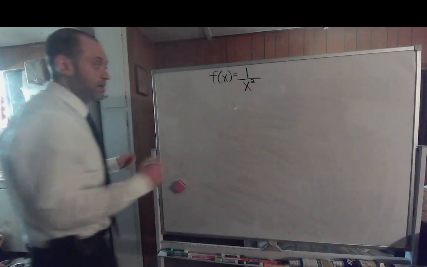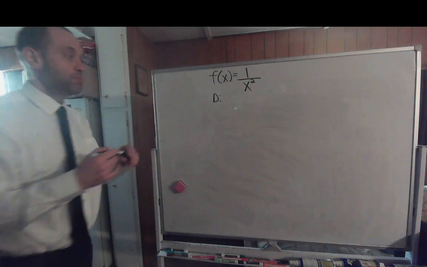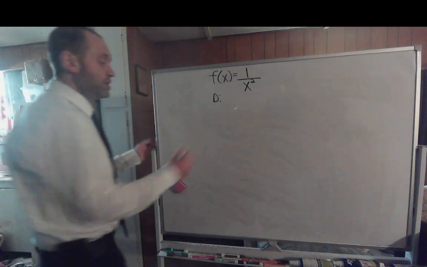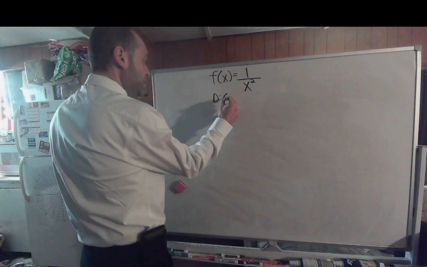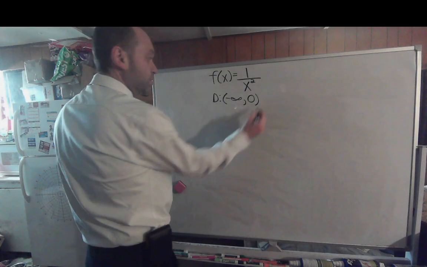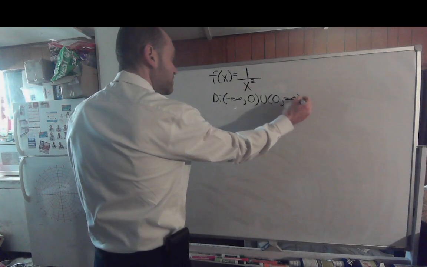So let's talk about your domain. What value of x would make this undefined? It would just be 0 again, right? You could have any value except for 0. So you'll end up getting negative infinity to 0 non-inclusive in union with 0 to infinity non-inclusive.